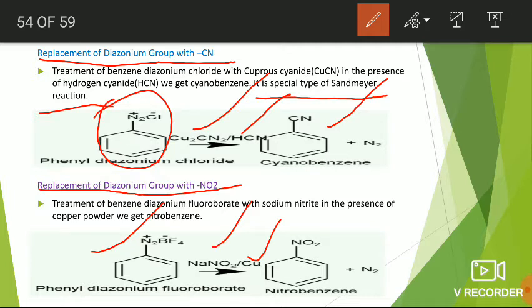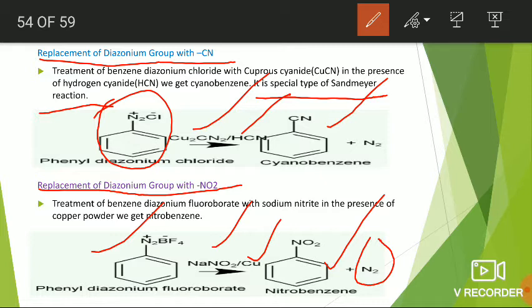We get the corresponding nitro derivative. For example, treatment of benzene diazonium fluoroborate with sodium nitrite in the presence of copper, we get nitrobenzene. Here nitrogen gas is liberated as a byproduct. In all the replacement reactions, liberation of nitrogen gas generally takes place.